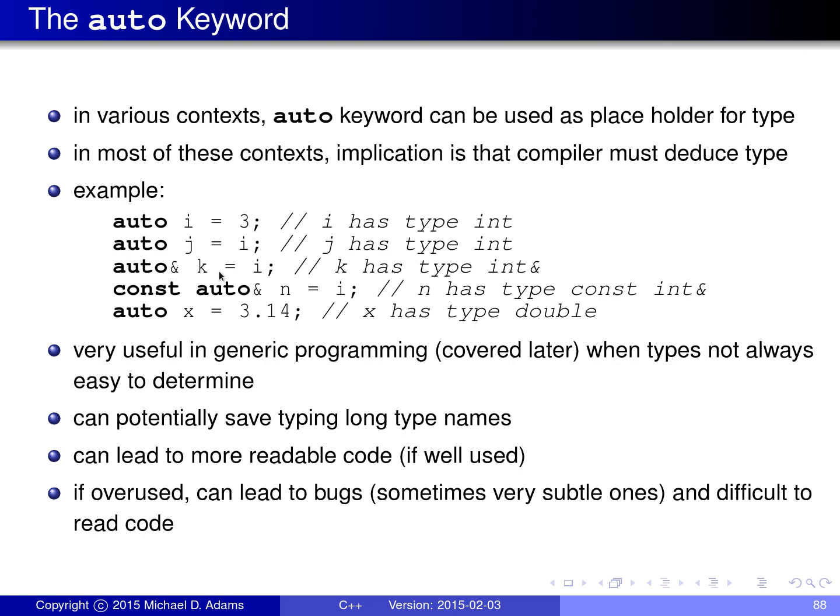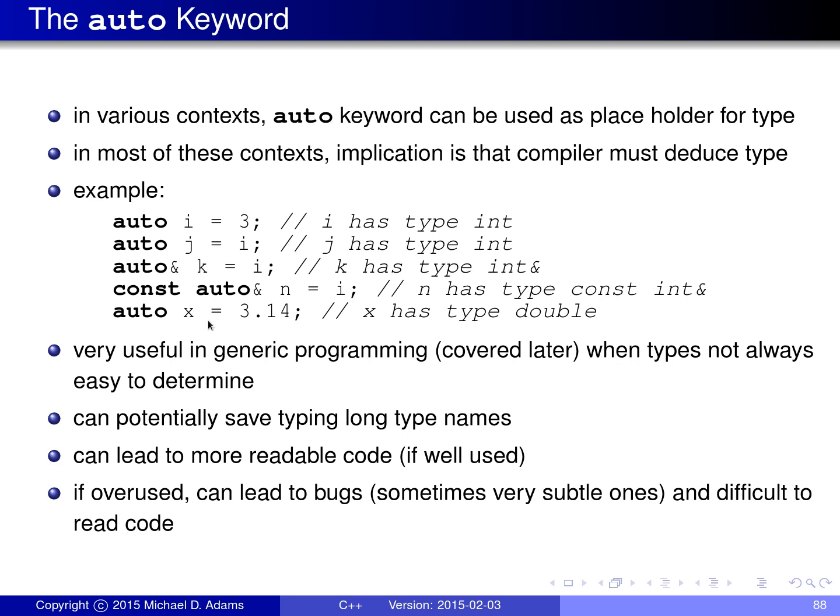So in this case here, we have a line similar to the previous line where we're creating a new variable k, and we're initializing it by i. i has type int. So the type that's deduced is going to be int and then a reference. So it's a reference to an integer. So k will have type int ampersand, and so on with these other examples.